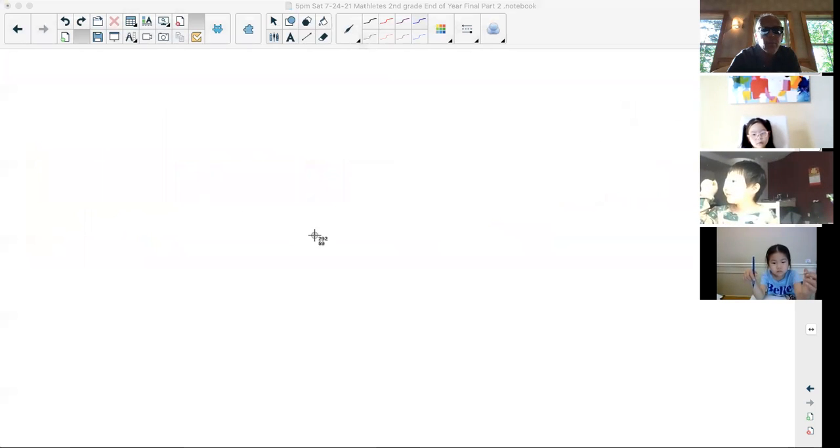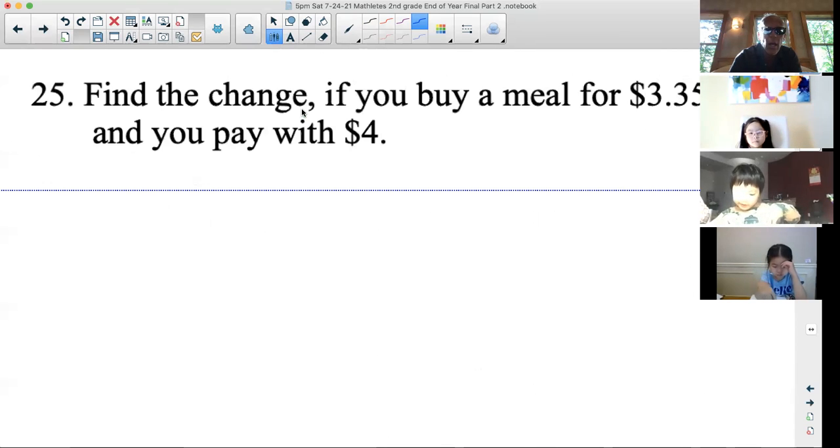Now, if we buy our meal for $3.35, and I pay with a $4 bill, how much will be the change?